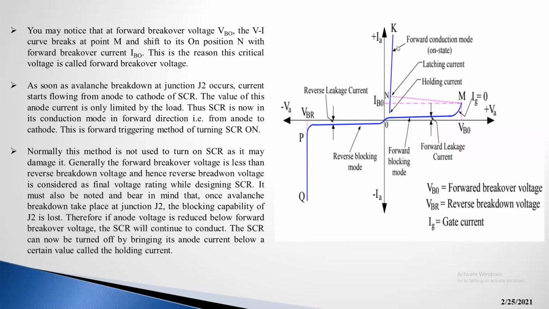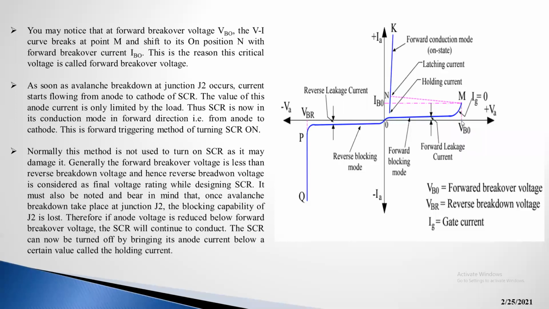The voltage suddenly falls from point to point. Is it clear? At which voltage level is the thyristor turned on? That voltage is called the forward breakover voltage.